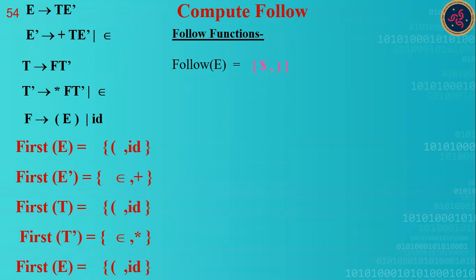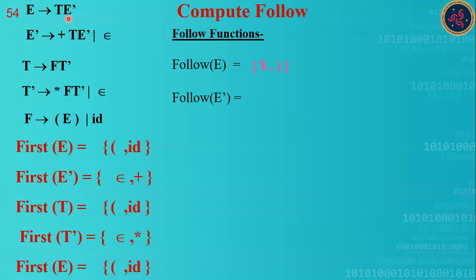Next is follow of E prime. Here we have to apply rule number 2. We have to see the right hand side. E prime is there in the first production as well as in the second production. In the second production, the LHS also has E prime itself, so we just consider the first production. Here E prime is the last symbol of this production.